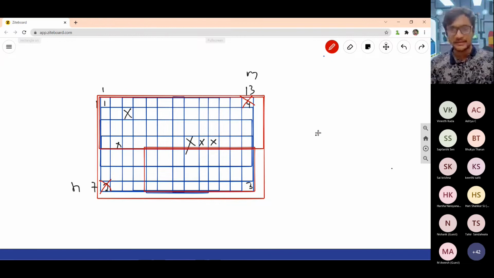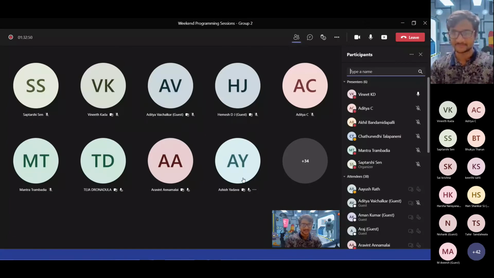It's possible that in the optimal case, you would have used 3 ones, right?